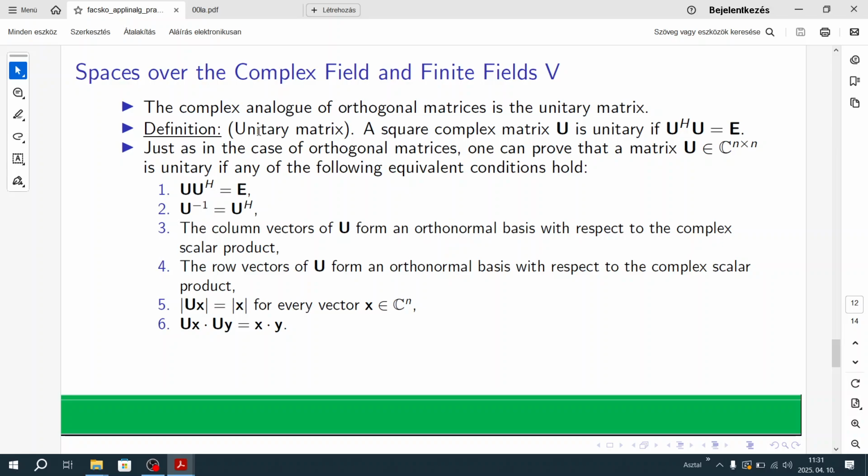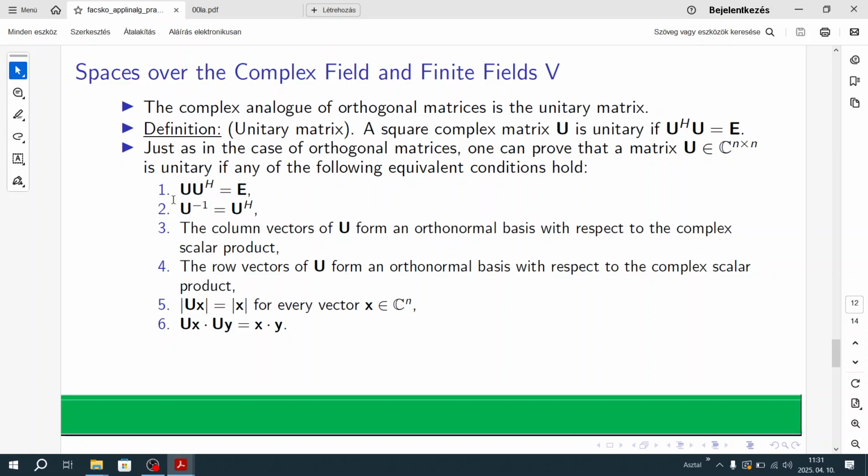The unitary matrix is the complex analog of the real orthogonal matrices. If you have a matrix and you multiply its Hermitian transpose by the original matrix and get the identity matrix, then it's a unitary matrix. That's the definition.